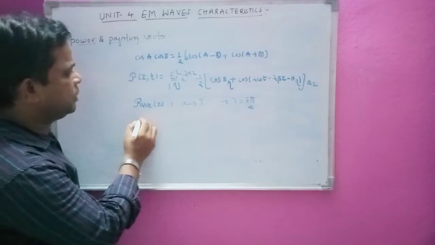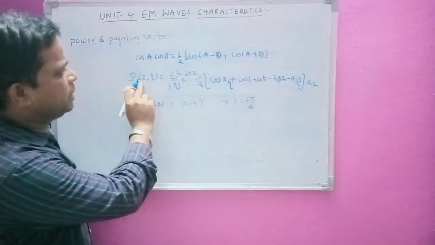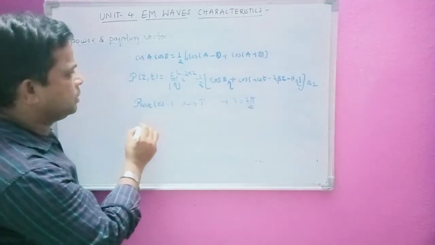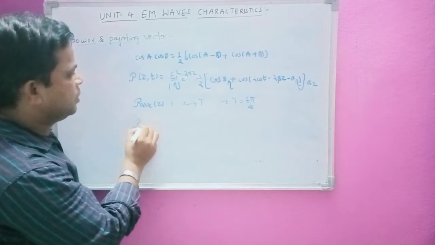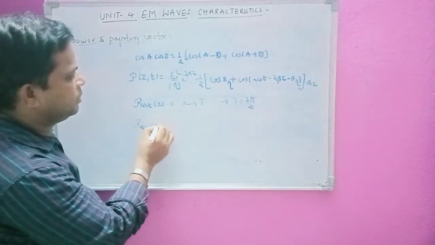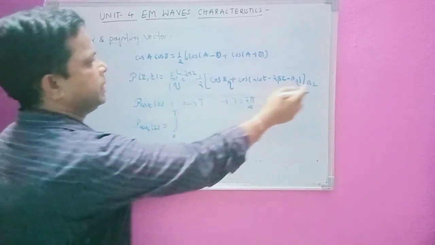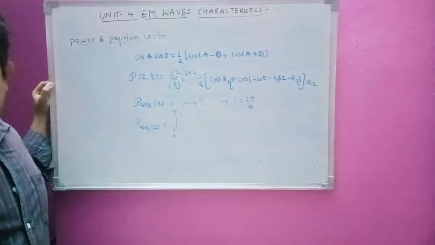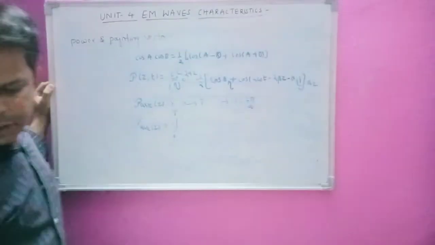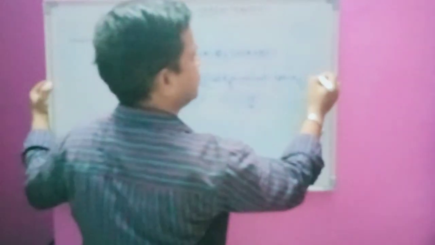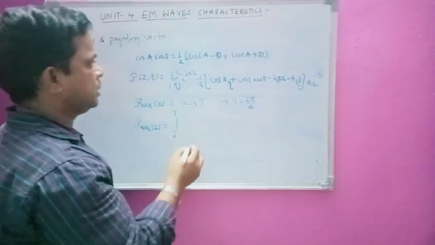How are we going to get this one? Just by integrating this Poynting vector in the limit 0 to T. I can write here like this, P average of z, integration from 0 to T. I have to take this entire term, that is equation number 9. We are going to take this into equation 9.